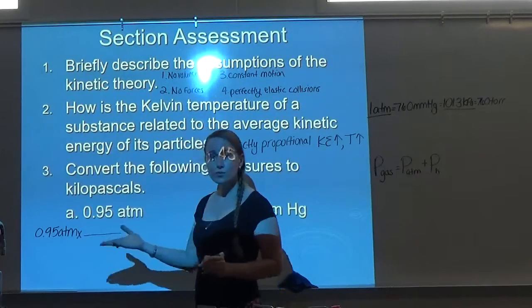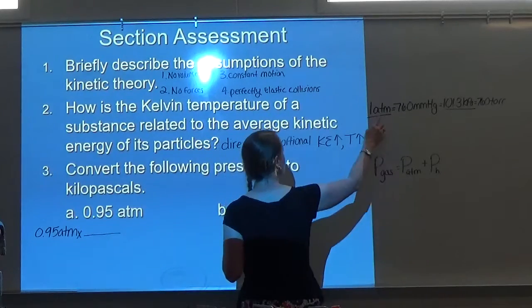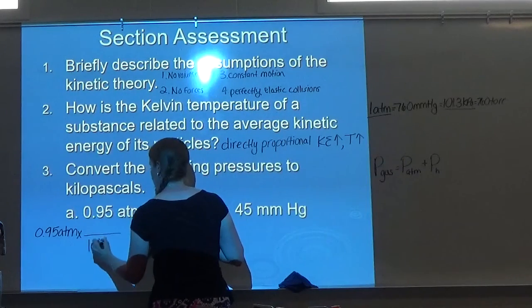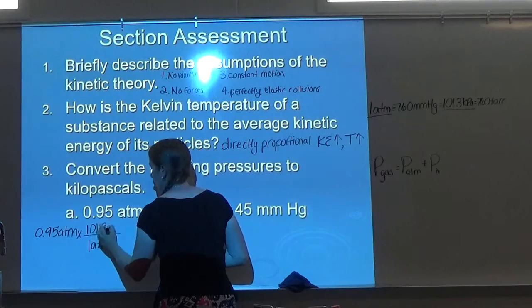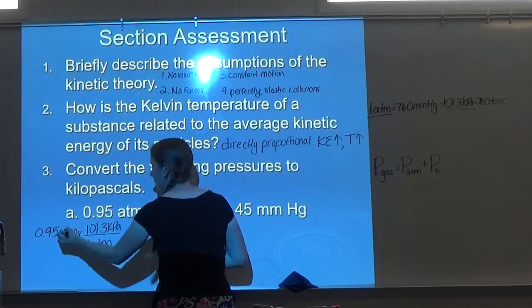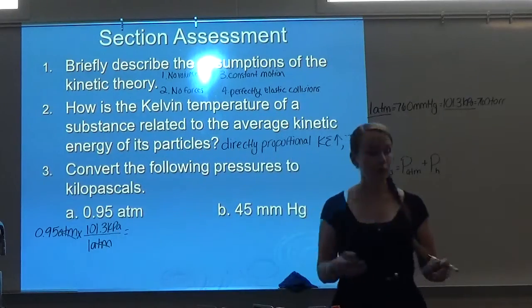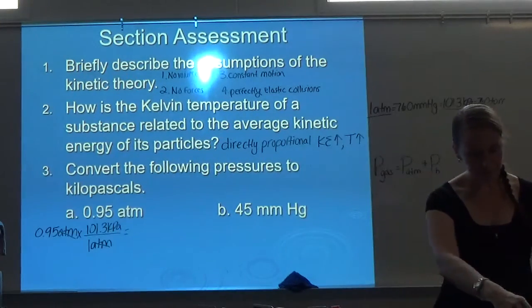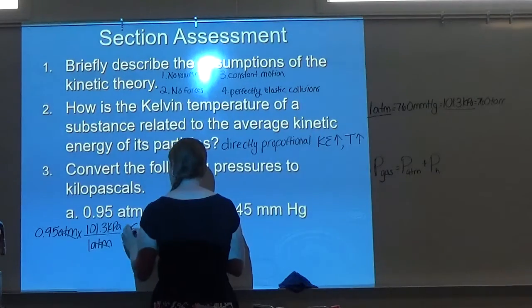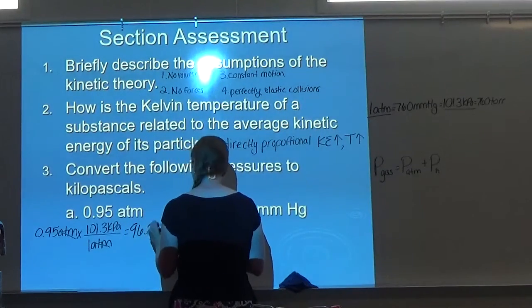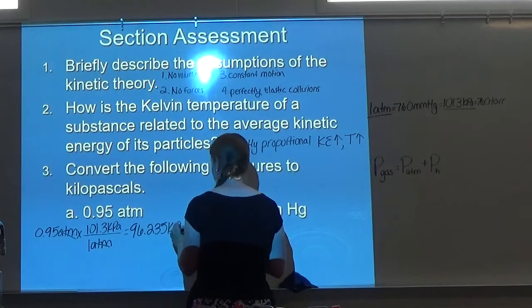And then our golden rule says if I have atm on top, I'm going to put 1 atm on bottom. And that equals 101.3 kilopascals on top. So my atm cancel. Since both numbers are on top, I'm going to multiply. And so for that, I end up getting about 96.235 kilopascals.